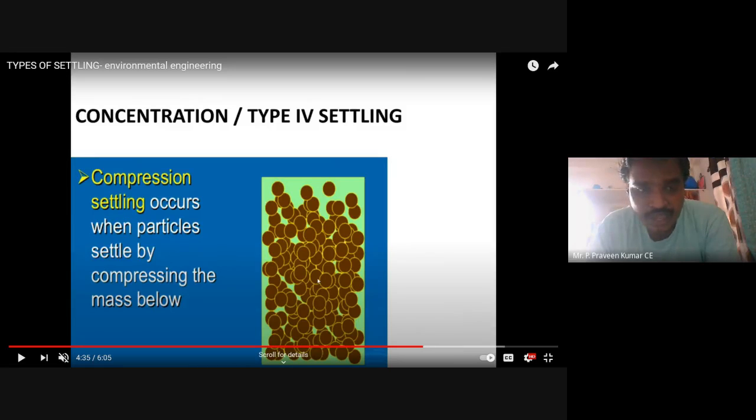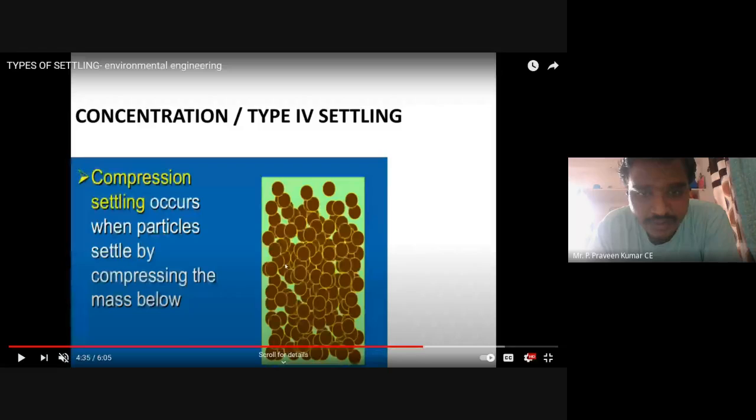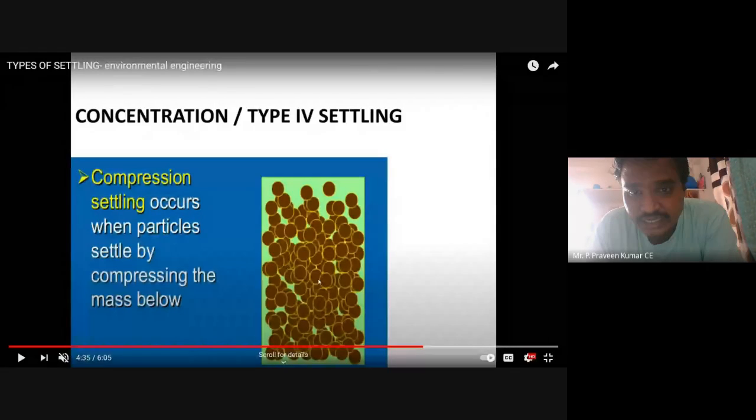This is due to the compressed air. Then there is no space for the water to move. So automatically the sludge, or the solid waste particles, will settle at the bottom of the tank. This is one of the most important points.